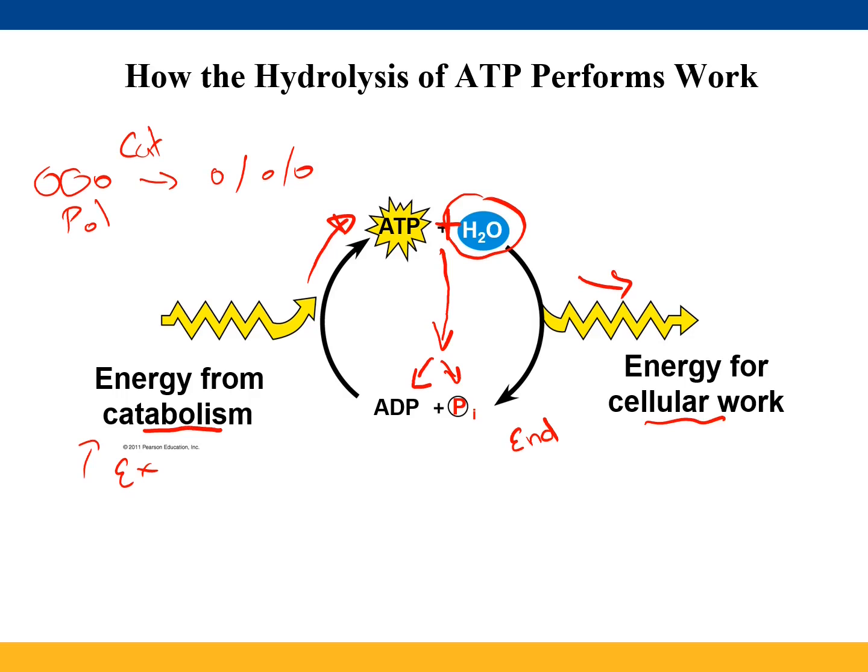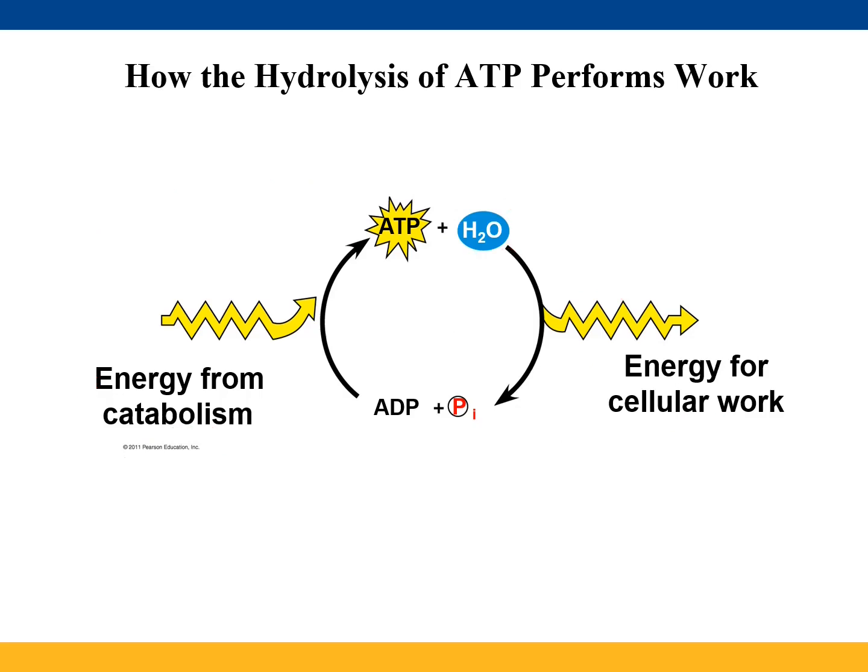And how is it done? Because the exergonic reaction of the ATP is coupled with the endergonic reaction. So the catabolism allowed these cellular processes that require energy to take place.